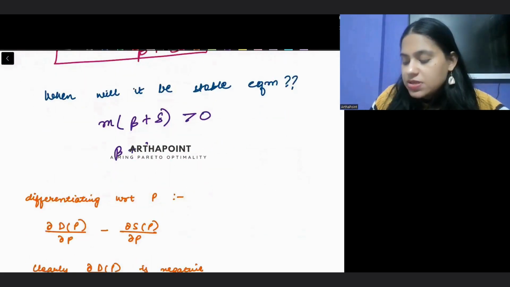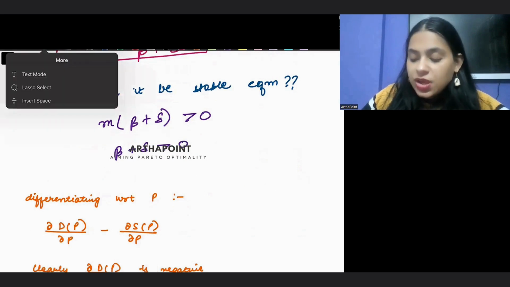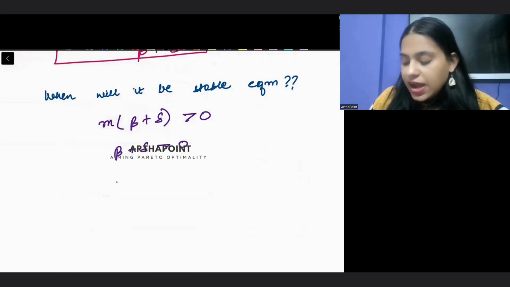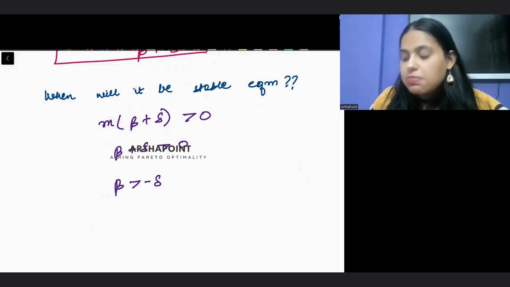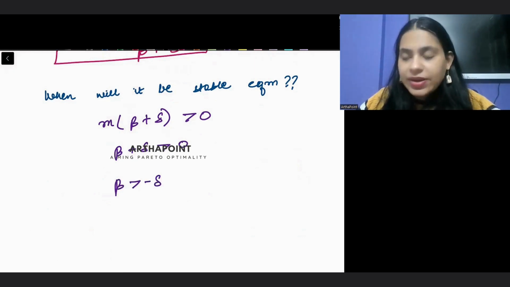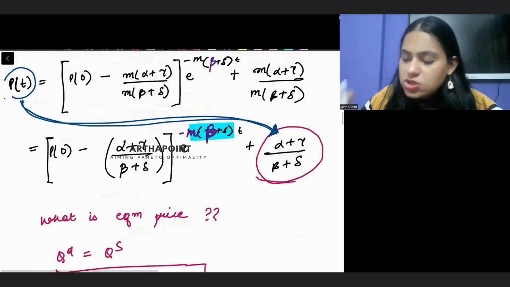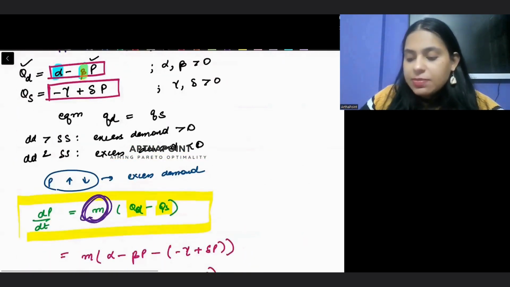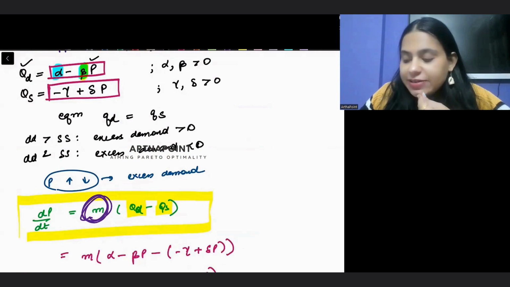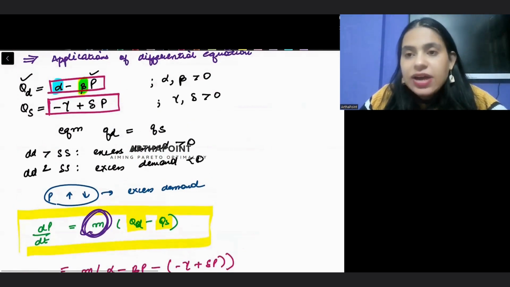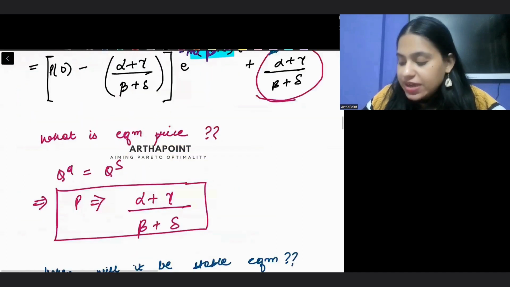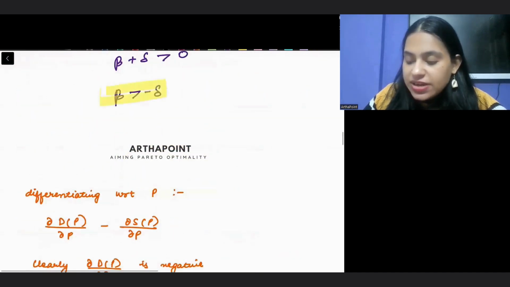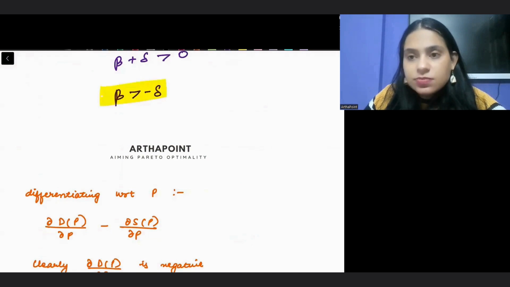So I want beta plus delta to be greater than 0, which means I want beta to be greater than minus delta, right? But beta was the slope of the demand curve. So beta has to be greater than minus delta.